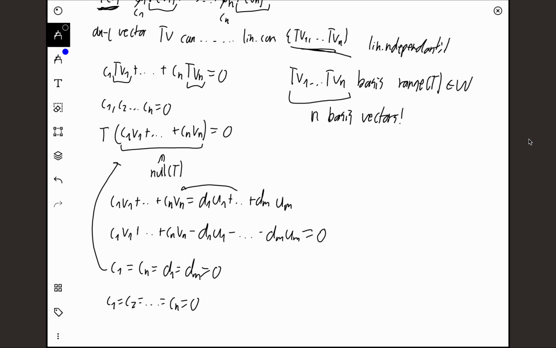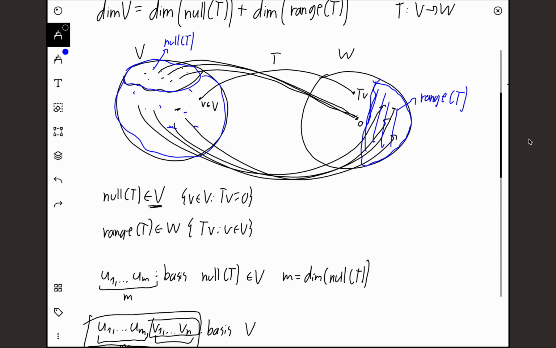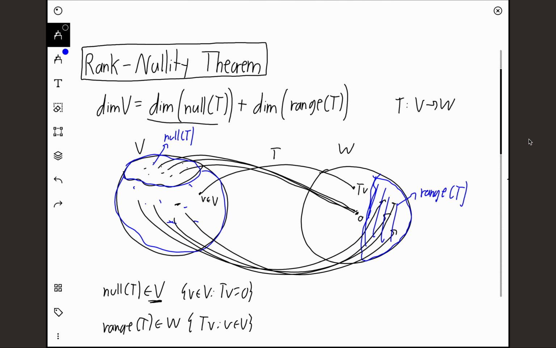And that's beautiful, because we just proved what we tried to prove before: that the dimension of V equals m plus n, where m is the dimension of the null space of T, which is what we showed before, and n equals the dimension of the range of T. So what we just showed is that the dimension of V equals the dimension of the null space of T plus the dimension of the range of T. And yeah, that is basically that.